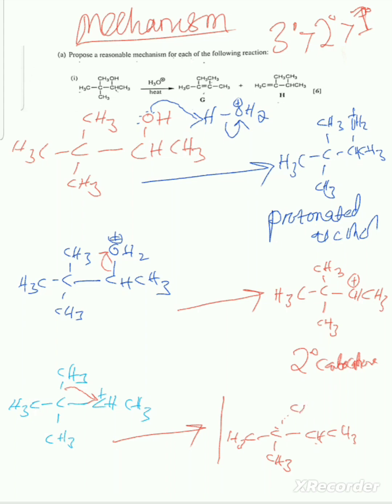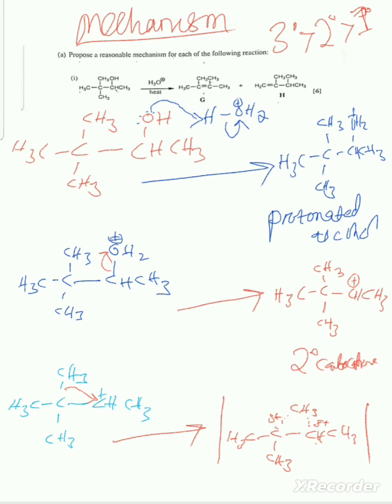It is changing CH3 like this. Here it will have a partial positive charge, and even here it will have a partial positive charge. So here it is shifting from here.